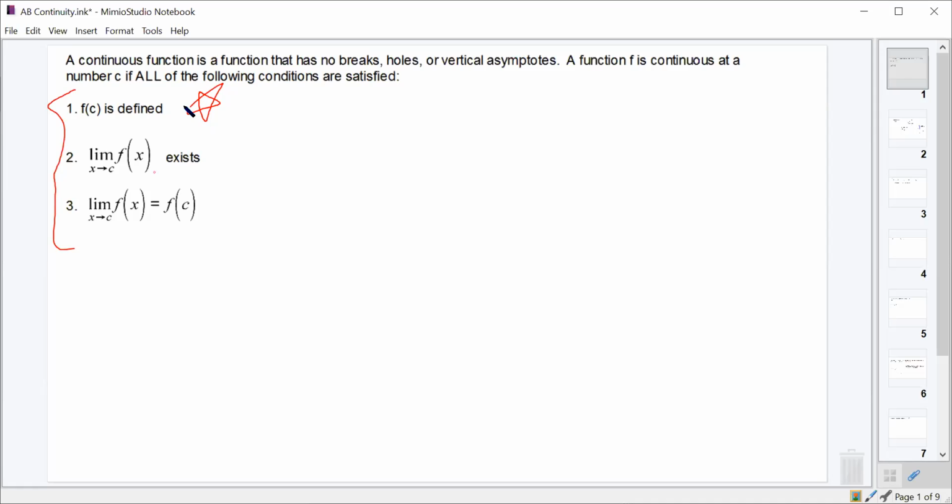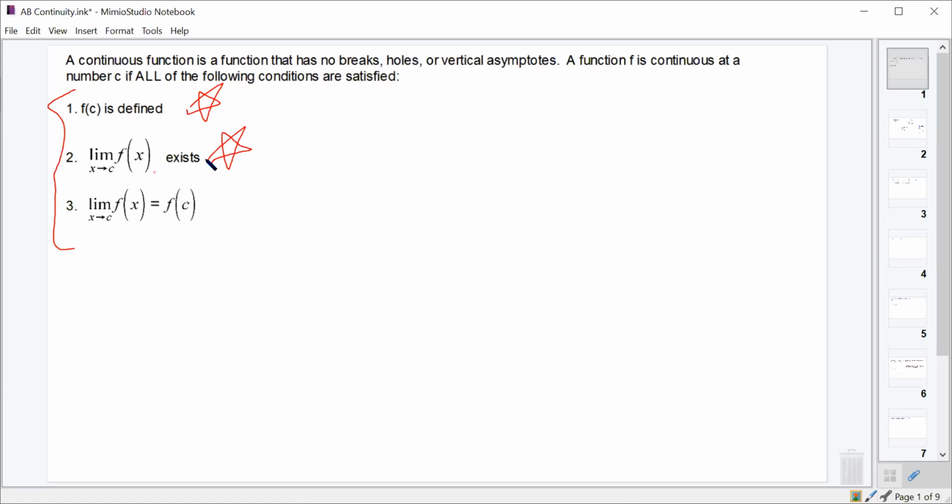If the function's not defined there, it's clearly not going to be continuous there. If the function is defined there, then you move on to, does the limit exist? There has to be a limit of the function at C as well. If there's not, because the limits from the left and the right are different, perhaps, or because we're approaching an asymptote, if that limit doesn't exist, then there is no continuity there.